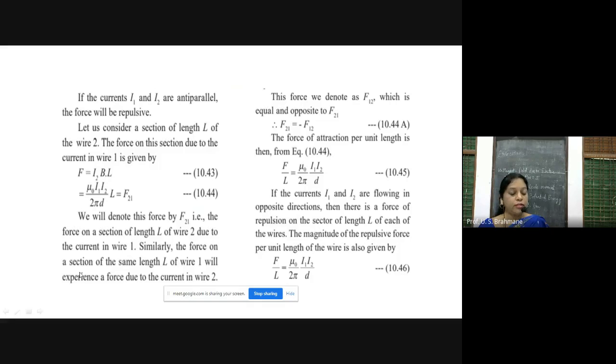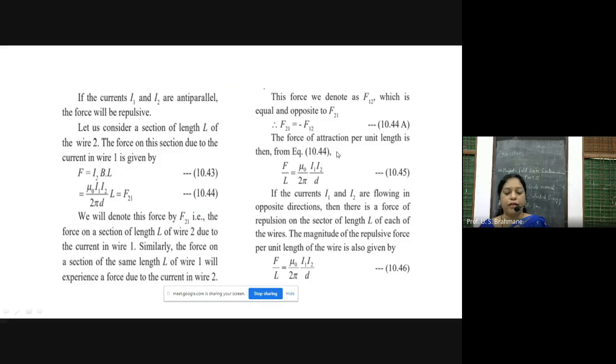Similarly, the force on the section of the same length L of wire 1, the other way round, will experience a force due to the current in wire 2. This force we denote by F12, which is equal and opposite to F21. So F21 equal to minus F12; the directions are opposite.